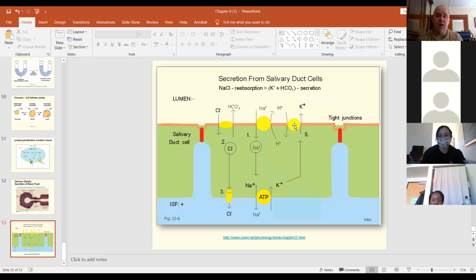And then active, you've got pumps, 4 different types of pumps, and they're always going to be producing a concentration gradient and using ATP. And then you've got co-transporters like the sodium potassium antiporter or the sodium glucose co-transporter, symporter. You also have a sodium amino acid symporter that brings amino acids back into your body. So those are the mechanisms.